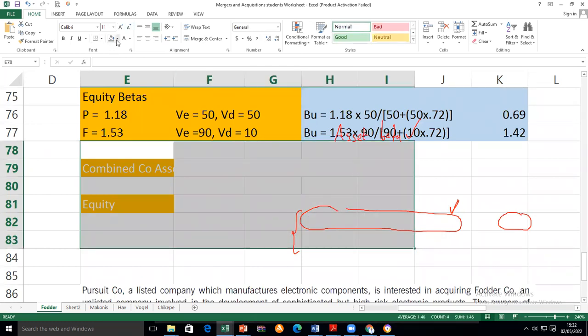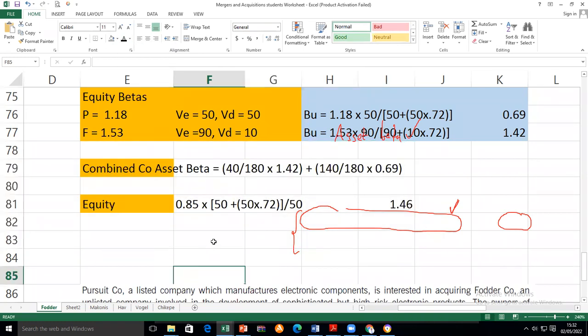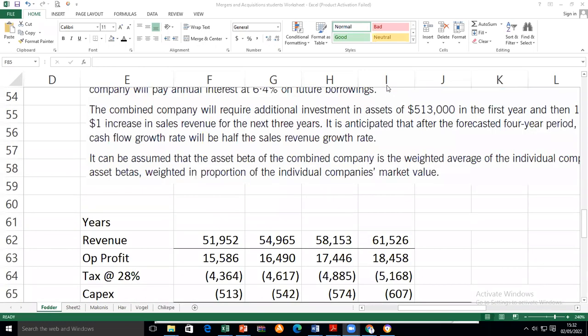So the question is, where do we get the information? How do we proceed with the weighting? We look at the values, the values of the two companies. Where are they? One of them we calculated, so let's pick them.